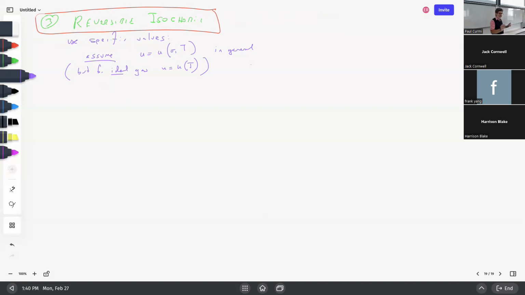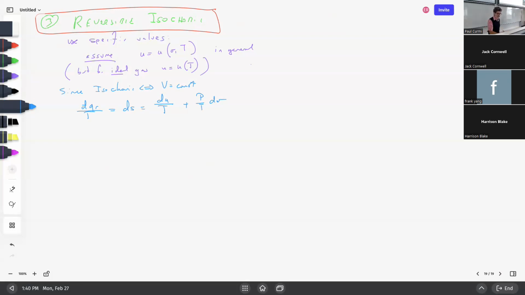But here, since isochoric implies v is constant, v is irrelevant. So I can now write d̄Q reversible on T, which is the same as specific entropy because I'm using specific values, is going to be equal to du on T plus P on T dv.